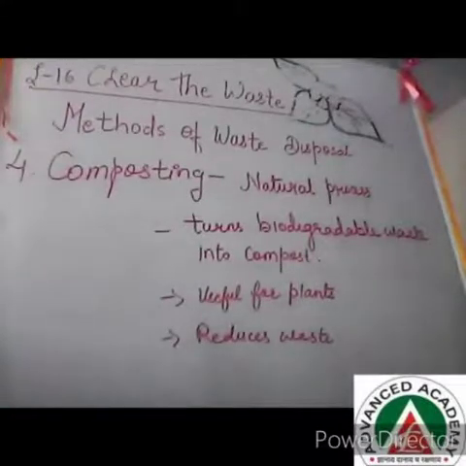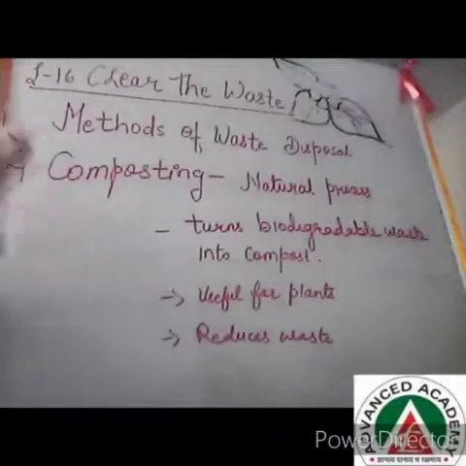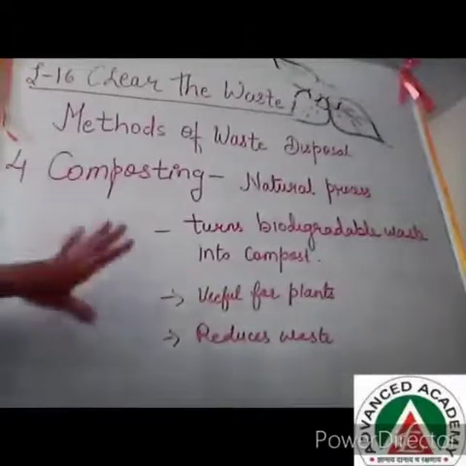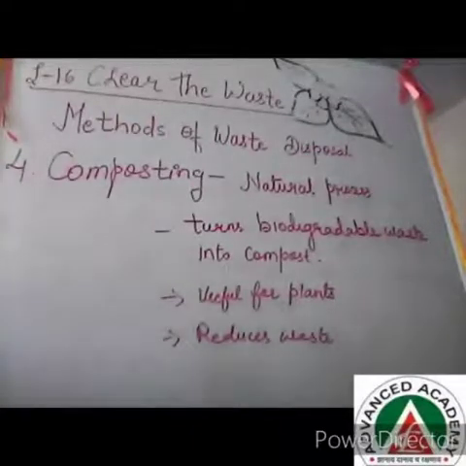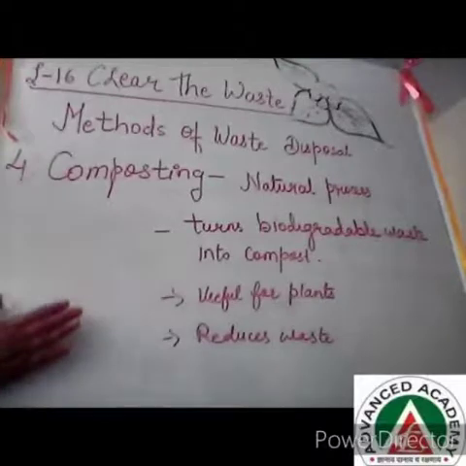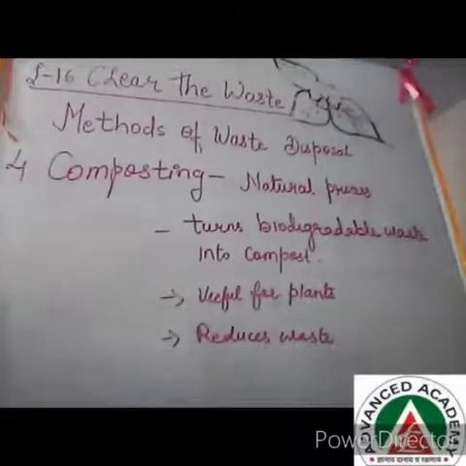It is a natural process that turns biodegradable waste into manure or compost. In this method, waste is collected in a pit, covered and left to rot for several months. After it decays, it turns into manure. And composting provides a way not only of reducing waste but also converting waste into a useful product for gardening.